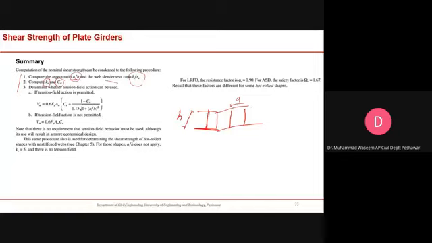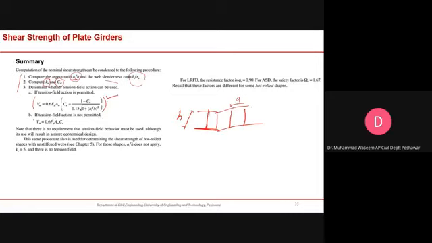Now there are two situations. Shear strength in plate girders can be determined in two manners. The first manner is that it is a sum of shear strength before the buckling and after the buckling. If after the buckling there is a contribution, then you have to use this equation.